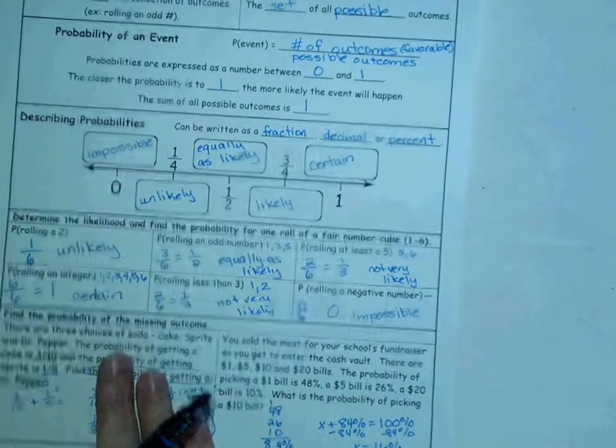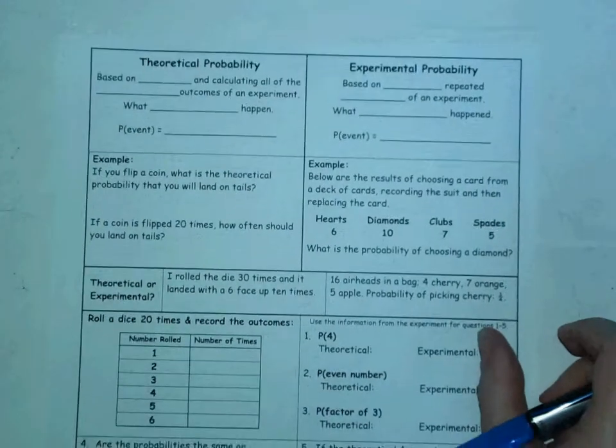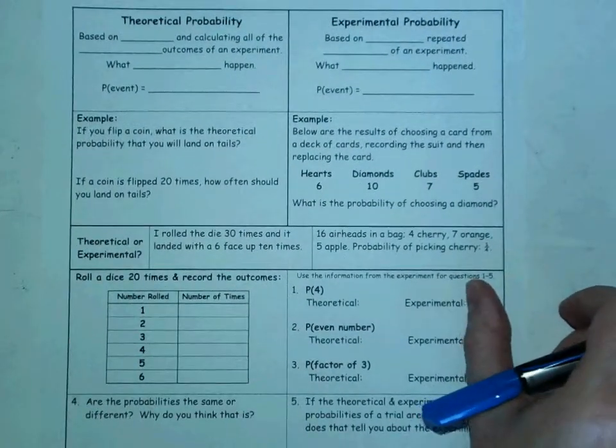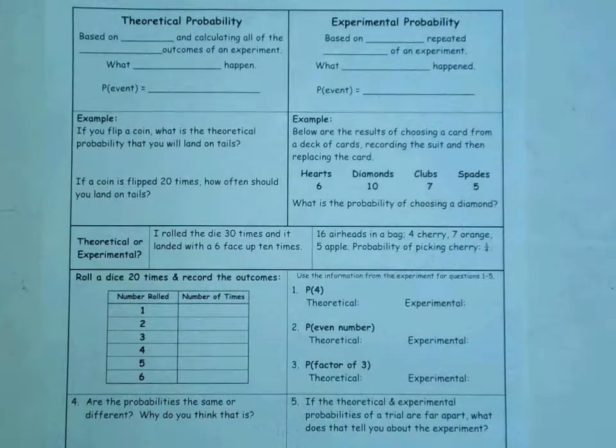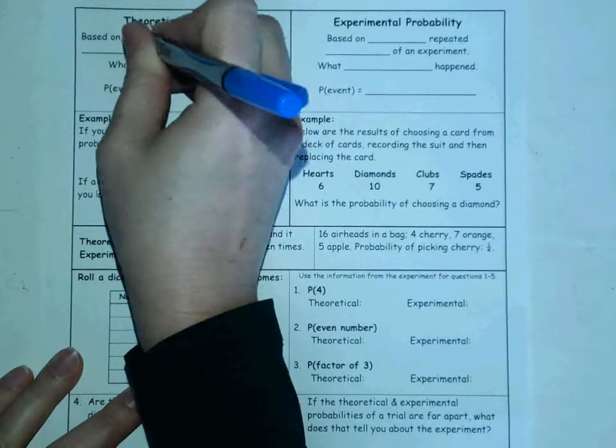Alright, so turn over to the back side of your page. And let's look at the next set of notes that goes along with this. And it starts with theoretical and experimental probability. Theoretical and experimental probability are two different types of probability that are kind of opposite of each other.